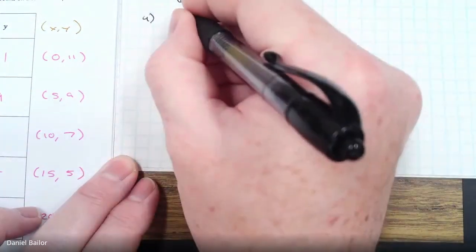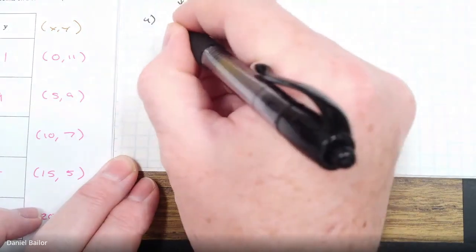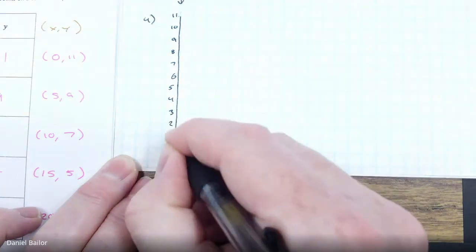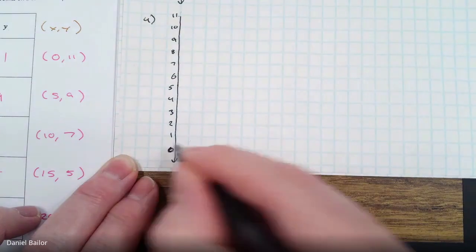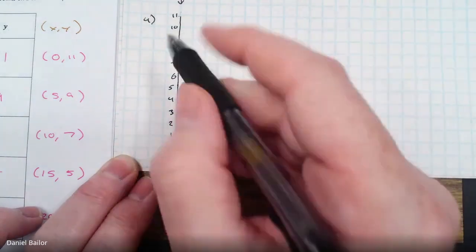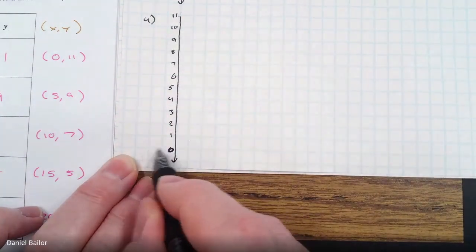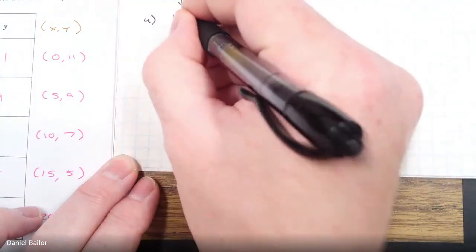Let's do 11, 10, 9, 8, 7, 6, 5, 4, 3, 2, 1, 0. Just enough. I just had enough room on the bottom of my page. That's my y's.